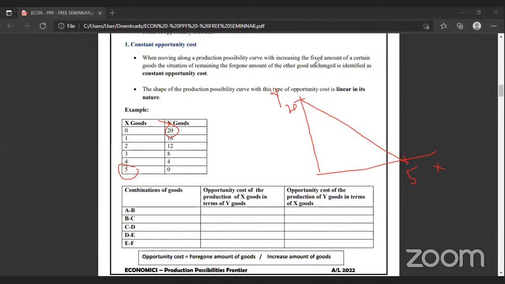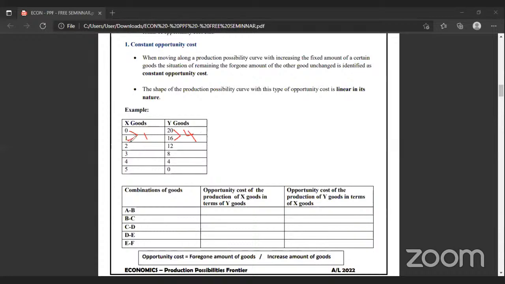Now see that this is why we call it the constant one when we are increasing the production of X. So simply here one, so it's very easy. You can find the unit one, right? The marginal opportunity cost, easily you can find it. When we are going to produce 1 unit of X good, how many Y goods we are sacrificing here? 4.